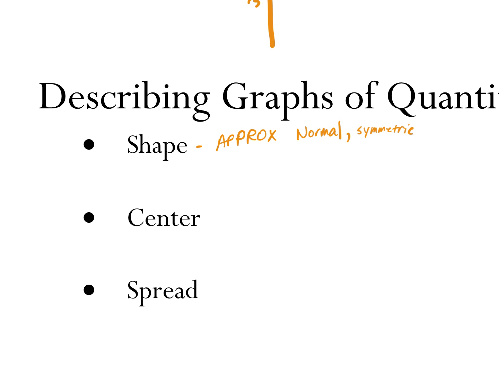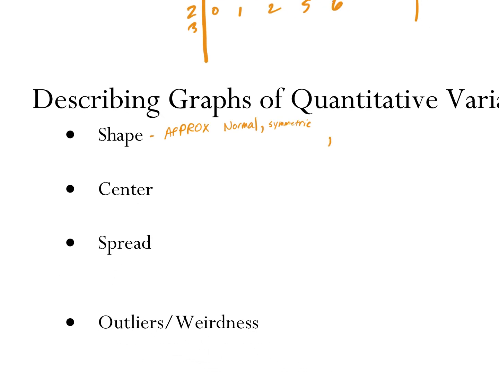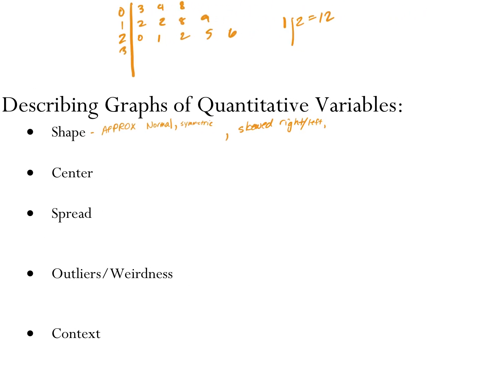Okay. Some other words we might use: skewed right or left. Another word you might use is bimodal or uniform. All of these are different shapes.